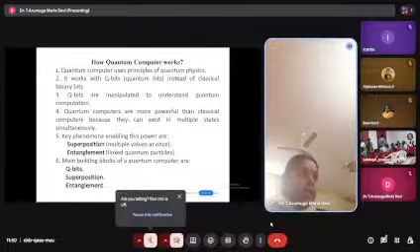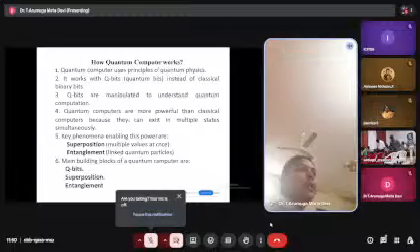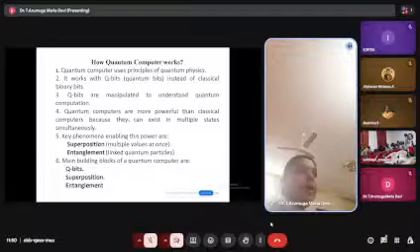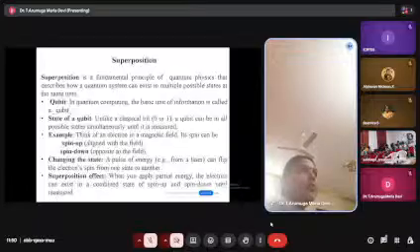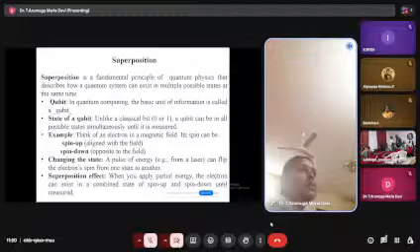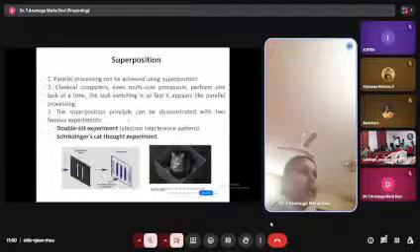So based on this concept only, the quantum computer can work. It is the quantum particles, entanglement, and superposition. It has multiple values, meaning simultaneously you execute the data. This is the superposition process. It describes multiple possible states at the same time.